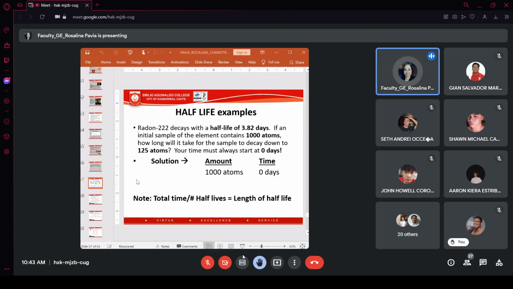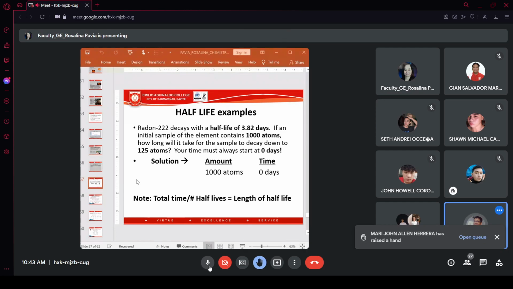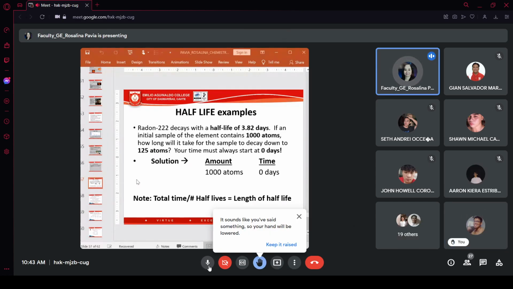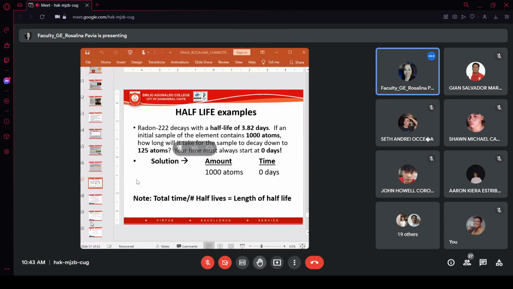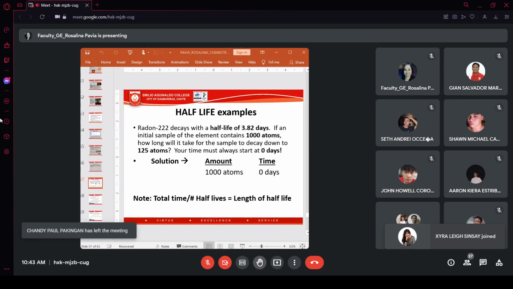Okay. Sino na nakasagot? Oh, Mr. Romano, anong sagot? No, try again. Okay, try again. Baka may mali ka dun sa pag-add, pag-divide mo. Yung pag-add mo or pag-multiply mo.